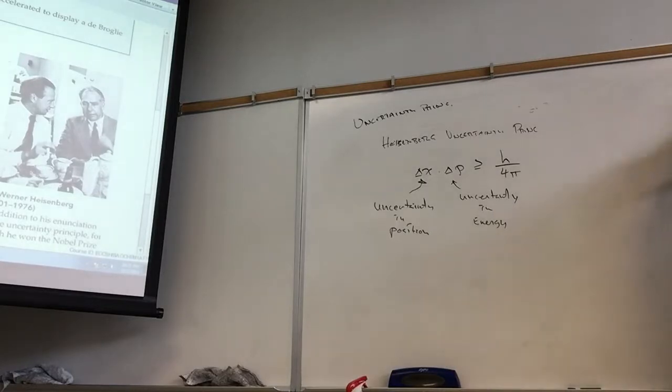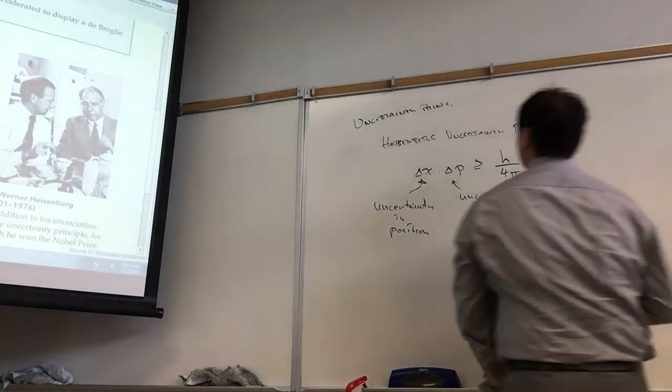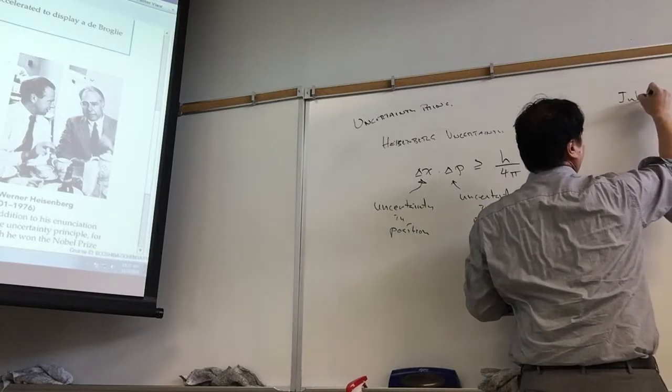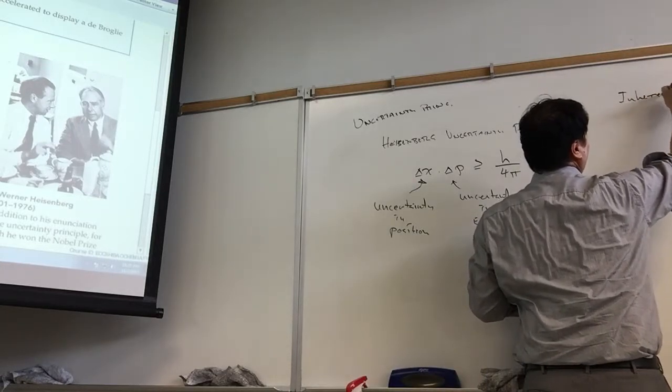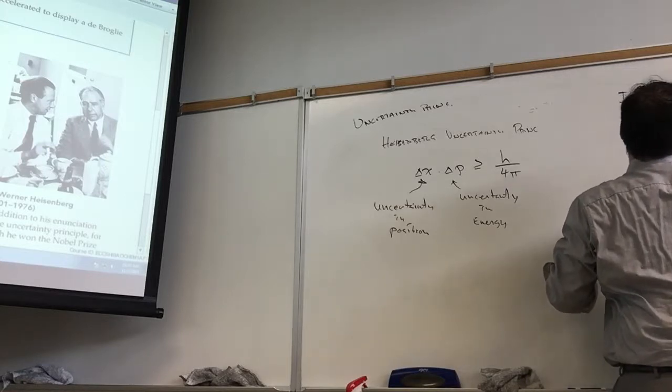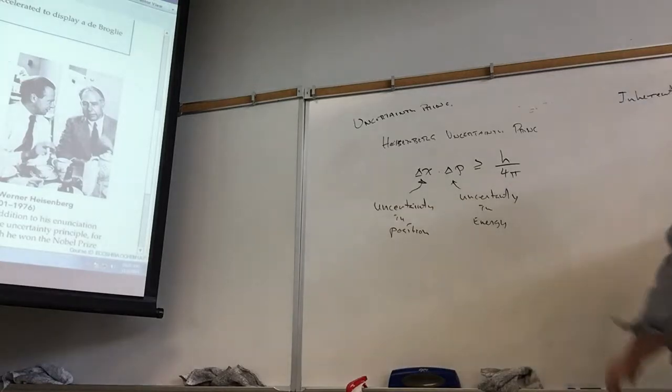This always has to be greater than h, Planck's constant, over 4 pi. And so there's inherent uncertainty for the electron.